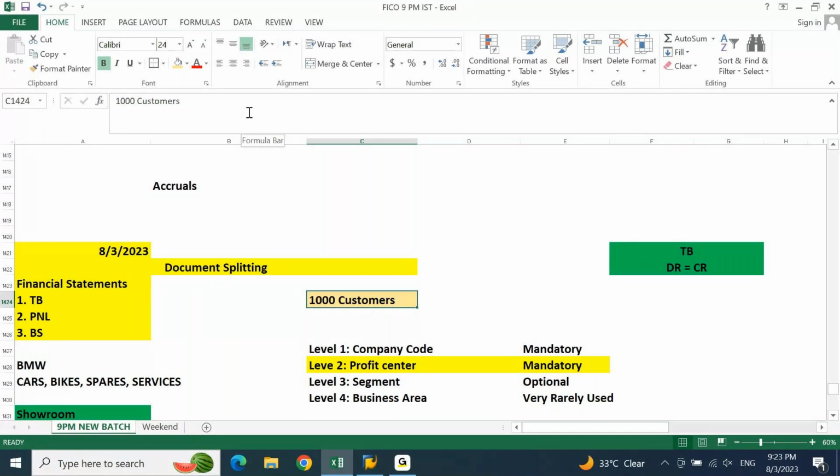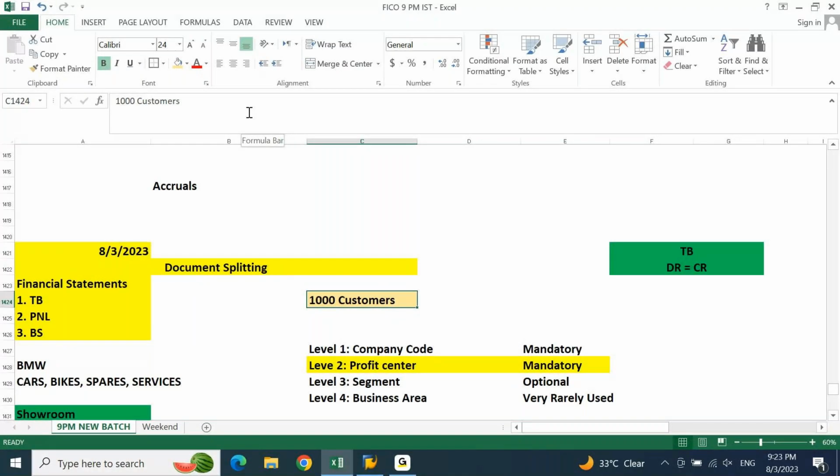Similarly, even in SAP, when you deal with any customer or vendor, you have to deal with accounts payable and accounts receivable. This is a separate module from accounting itself, not from SAP. Considering that, SAP says, I cannot split your profit center at customer level or vendor level.